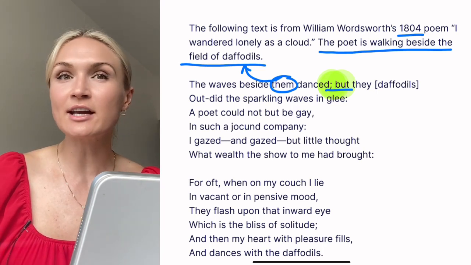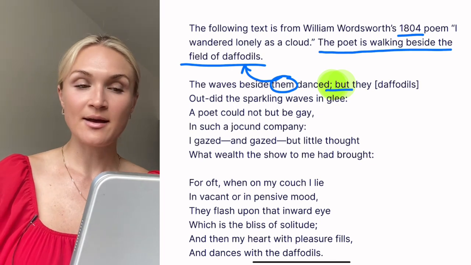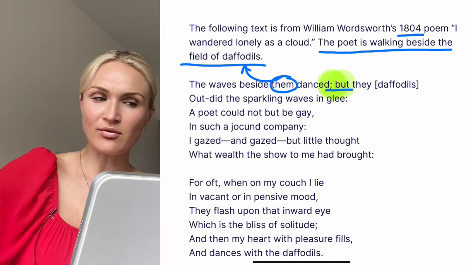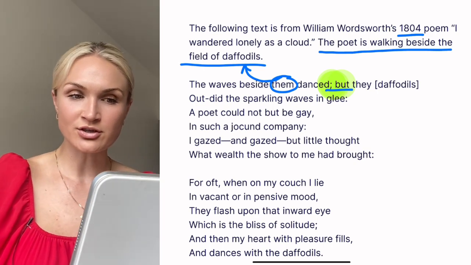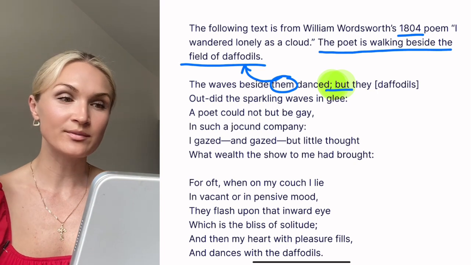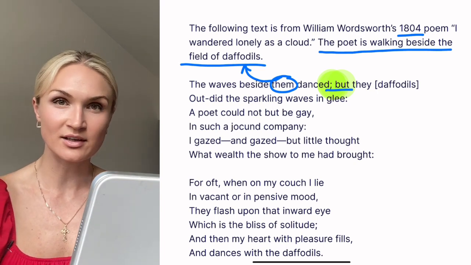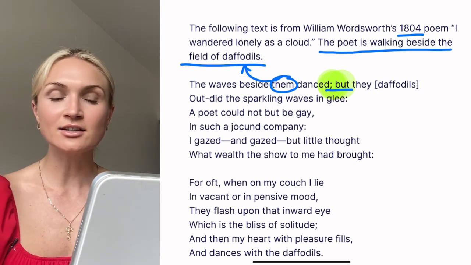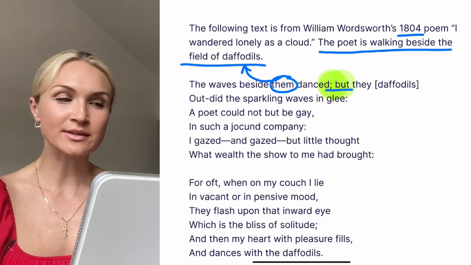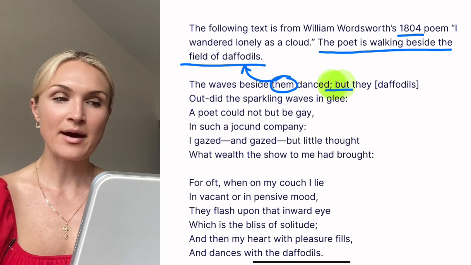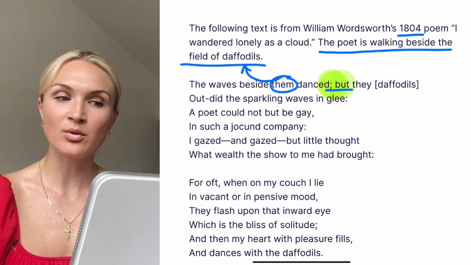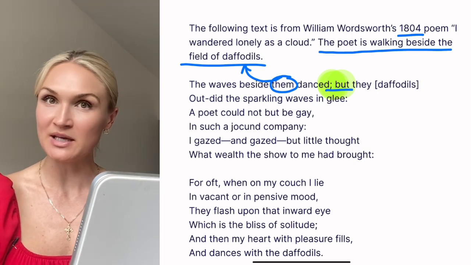So he was looking at the daffodils, but he didn't even think, but little thought what wealth the show to me had brought. I think here the word order needs to be twisted for us to understand it. I looked and looked, but I couldn't really wrap my brain around the wealth that the show had brought to me.